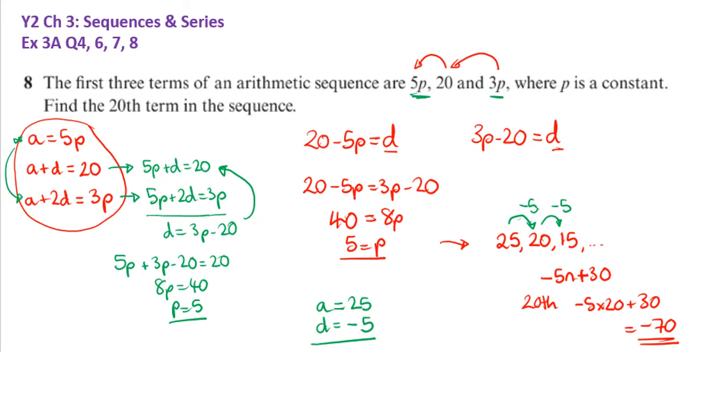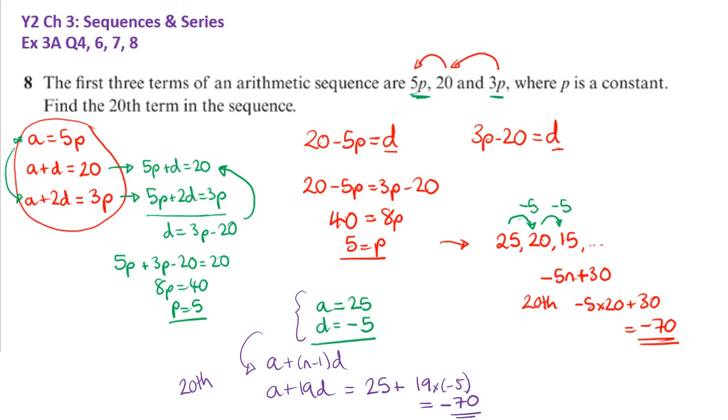So having read your question again, I'm not sure where you've got 120 from, possibly using this, but if we carry on and use this, a plus n minus 1 d would give us, and we want the 20th term, would give us a plus 19d, which would be 25 plus 19 times negative 5, which does also give us this minus 70.